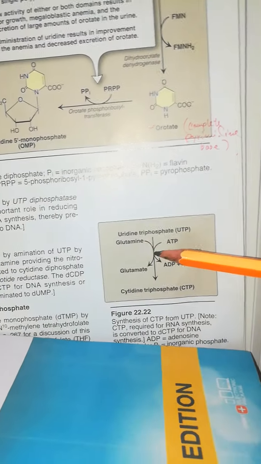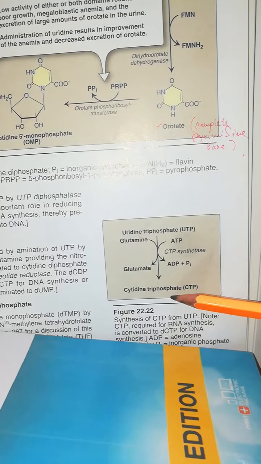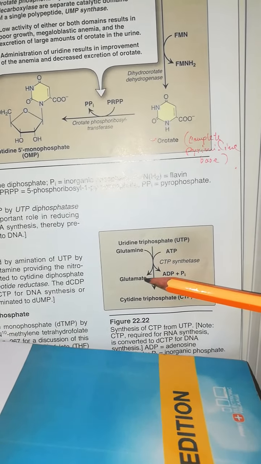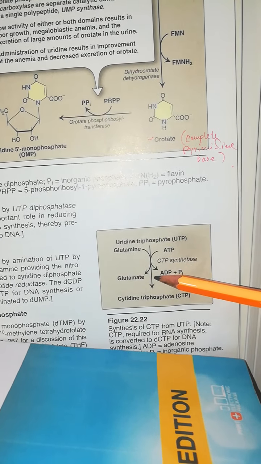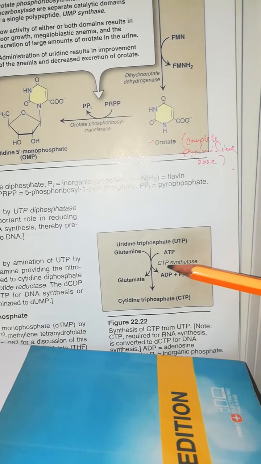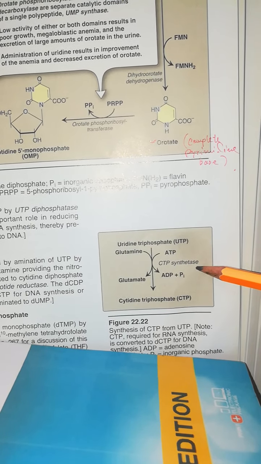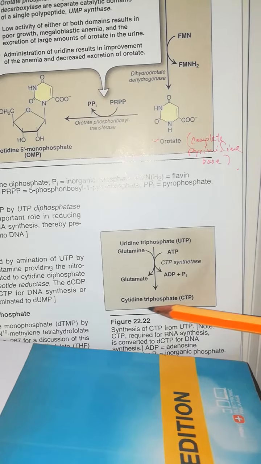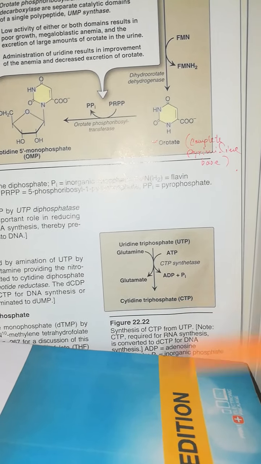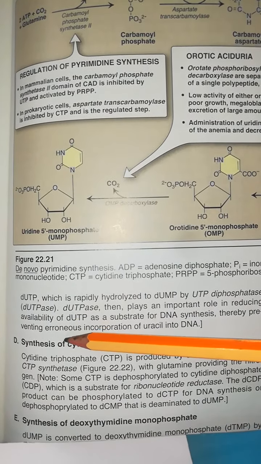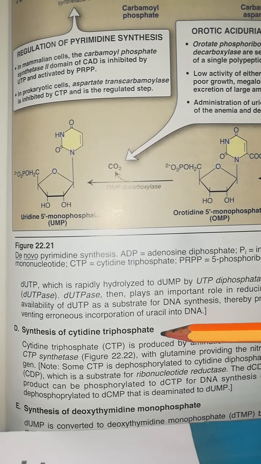Uridine triphosphate is converted into cytidine triphosphate here. Glutamine is converted into glutamate. ATP is converted into ADP plus inorganic phosphate, in the presence of CTP synthetase. So we get cytidine triphosphate. This was the reaction for synthesis of cytidine triphosphate.